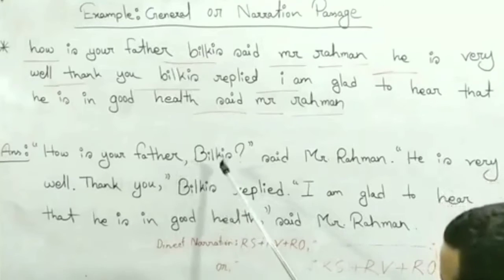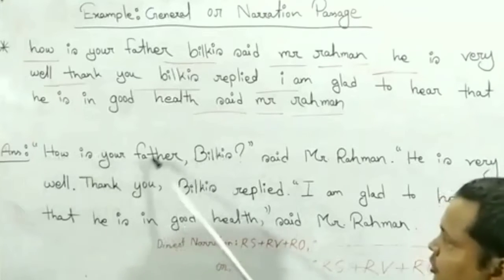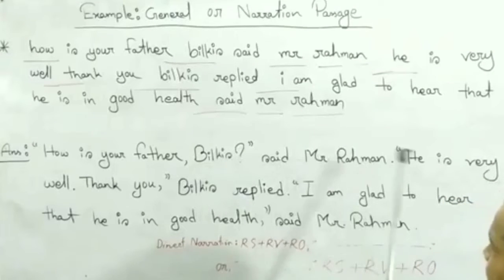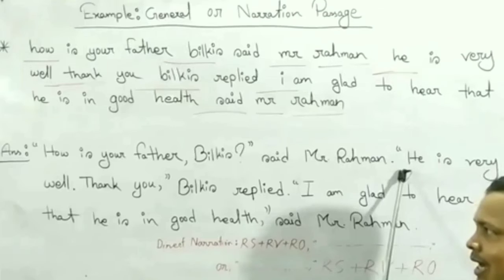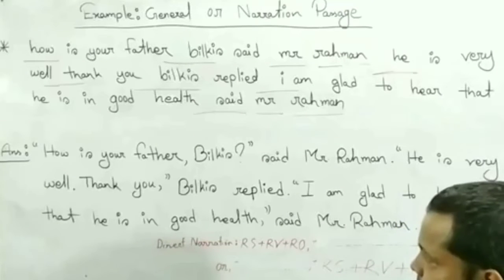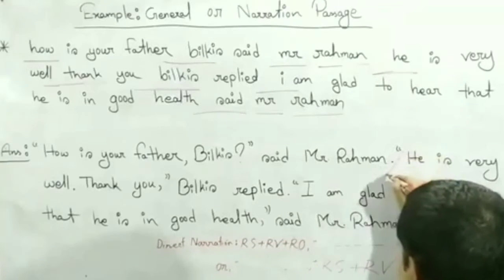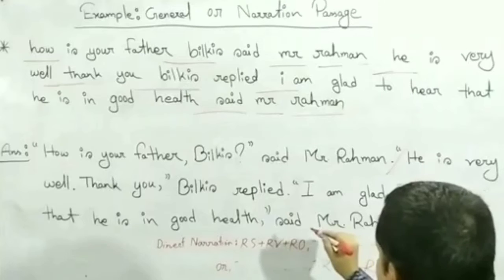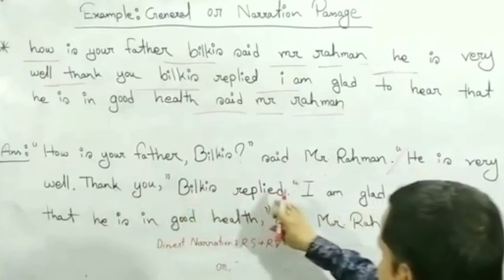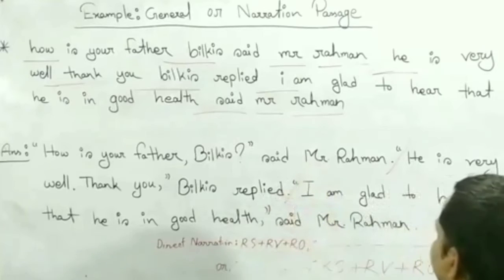So look at it. How is your father? Bilkis said Mr. Rahman. Here a sentiment or a sentence is finished, and to understand easily it is divided in 3. Here he is well, thank you, Bilkis replied.